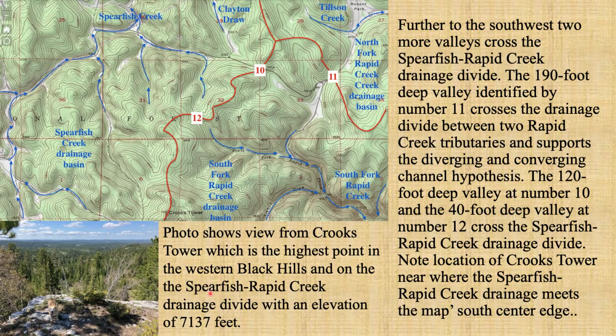And as I mentioned, there are some higher points in the Eastern Black Hills, but they're not on a major drainage divide like Crook's Tower. And this is the highest point in the Western Black Hills. And yet we still have evidence for these anastomosing channels crossing the drainage divide.